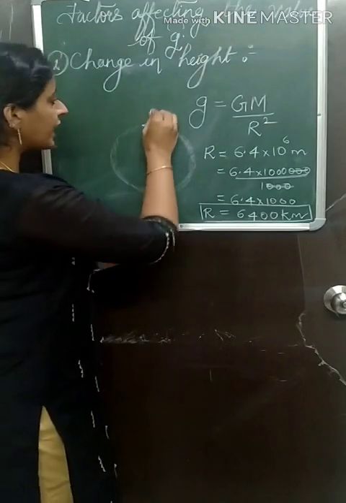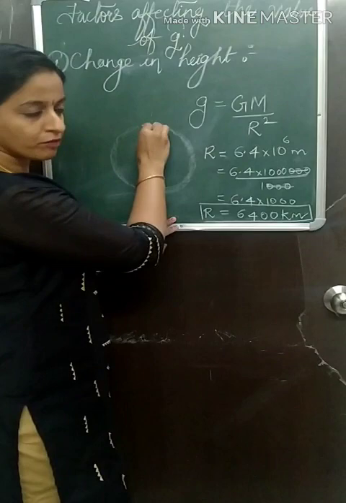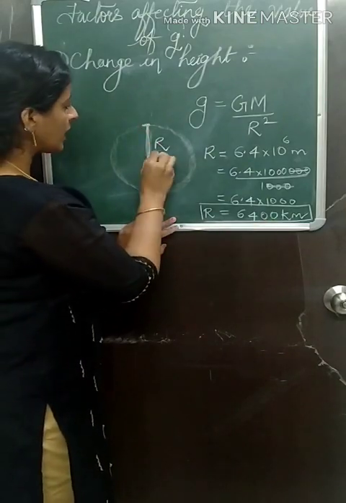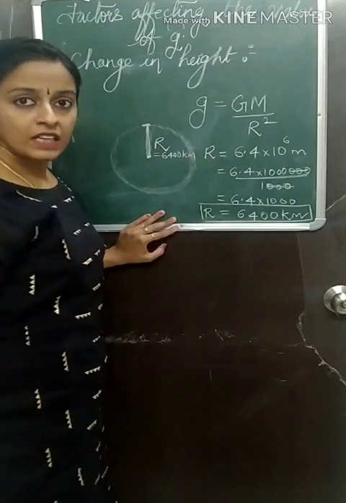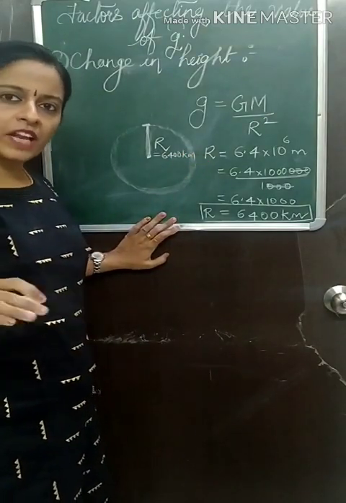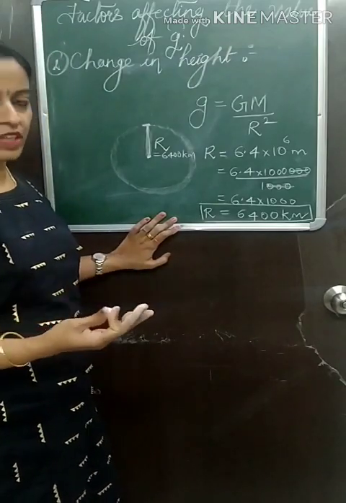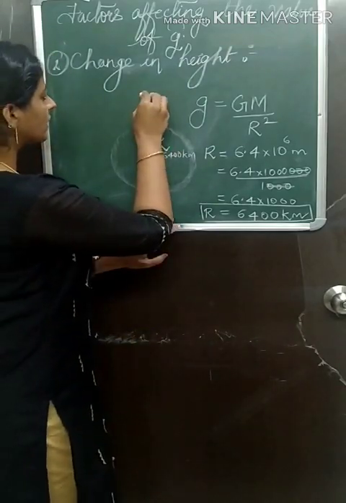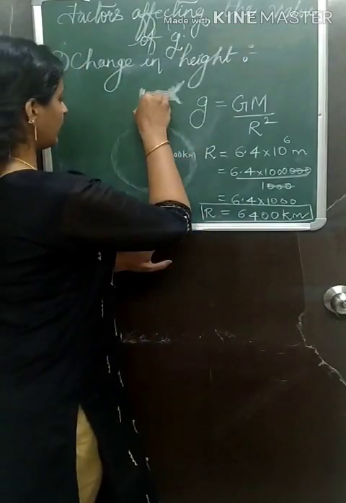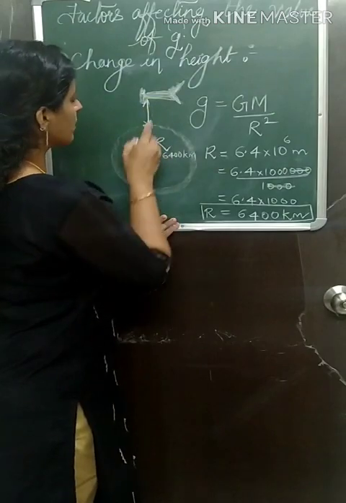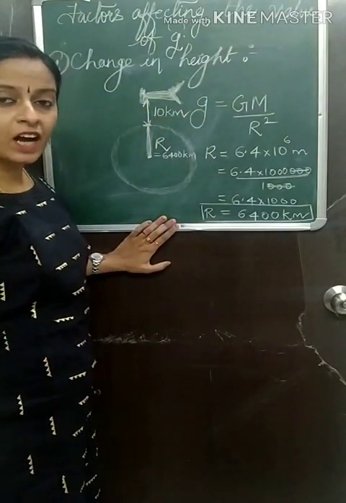Now as the height increases, from the center to surface of the earth, what will be R? R is 6400 kilometer. Suppose let us take an example of an aeroplane which is flying at a height of 10 kilometer from the surface of the earth. So what will be the total height now?